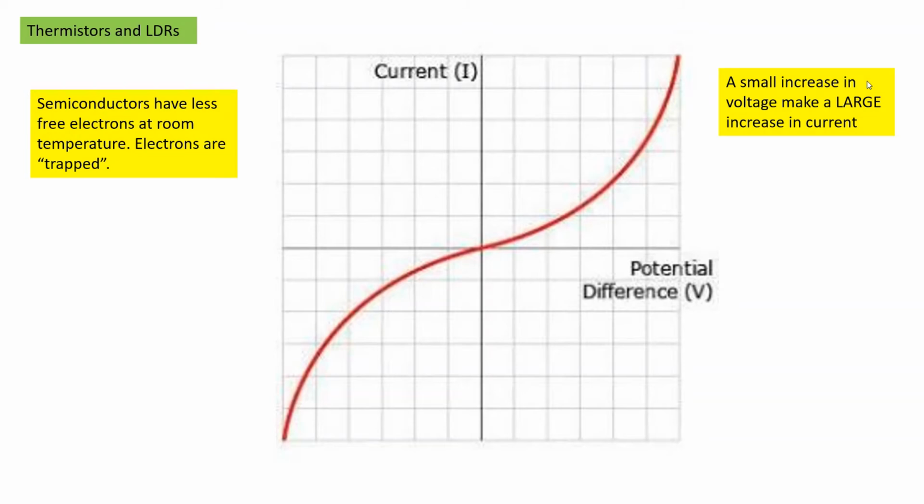Okay, this is an IV graph for a diode. Not a diode, but for a semiconductor. So, for example, a thermistor or an LDR. So, if you look in this region, here the resistance is high.